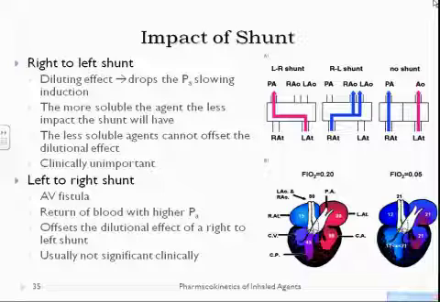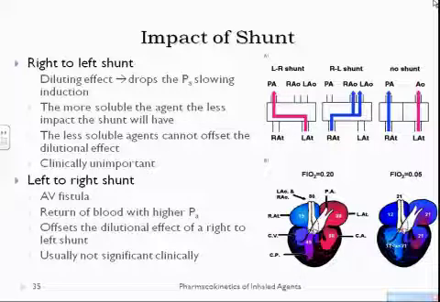That diluting effect is supposed to slow down your induction because the concentration in the blood is decreasing. Now, the more soluble the agent, the less impact the shunt seems to have, but the less soluble agents cannot offset the dilutional effect, and as a consequence, you may see more of an effect in agents like sevoflurane in comparison to halothane.